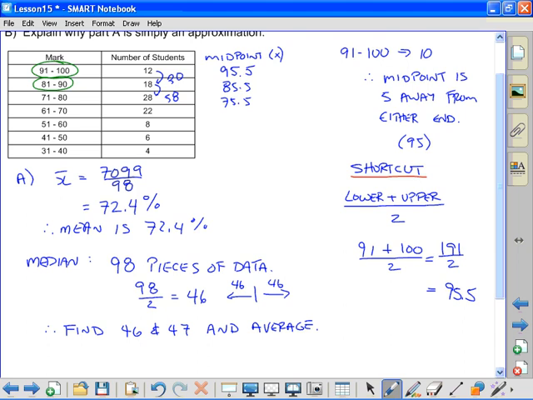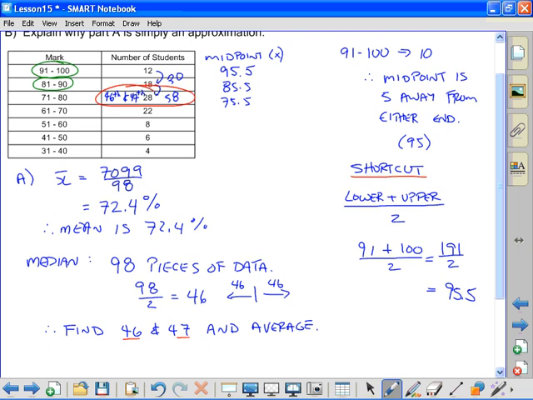So that means the 46th and 47th pieces of data are in here. This is where it's located, because 12 and 18 gave me 30. When I added that next grouping, 46 and 47 fall in here because it's between 30 and 58.